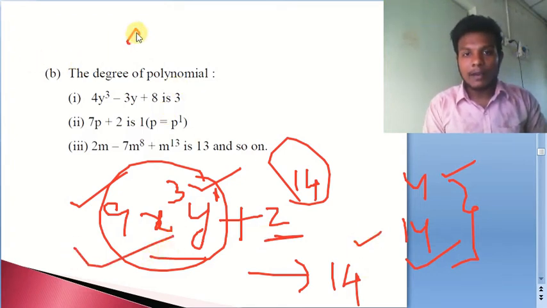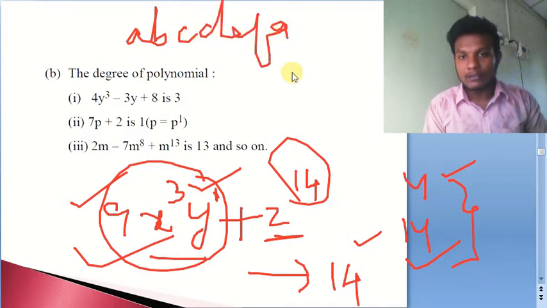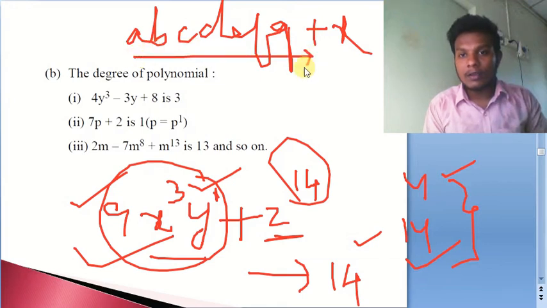So let me take a, b, c, d, e, f, g plus x. Is it a polynomial first? Yes. Why? Because 1, 2, 3, 4, 5, 6, 7, 8 variables are there, and here we need to determine the degree of this polynomial. How will you do it? See, this entire product is a single term.